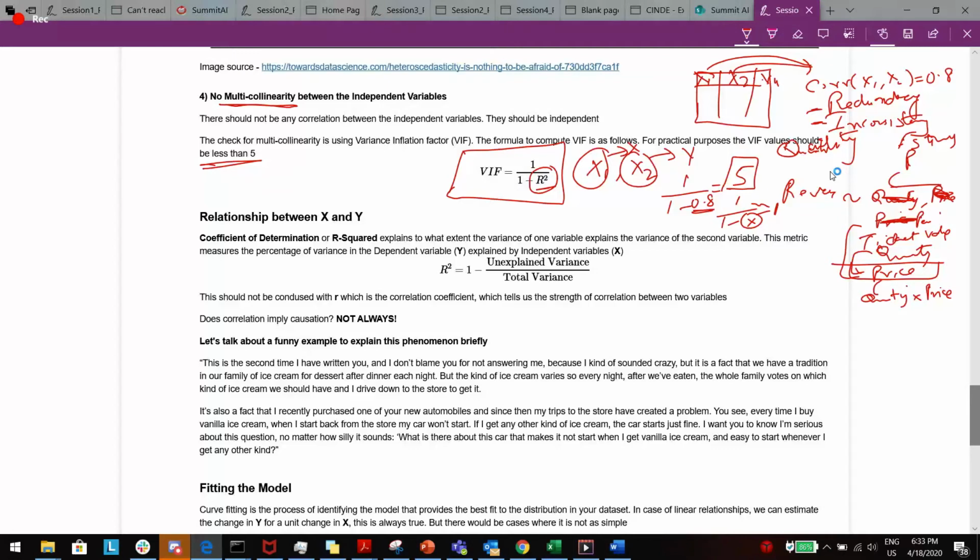Correct. Okay, so we are moving on from this, and there is also one more assumption which I've purposefully dropped, which could be a fifth one: the errors should be independent.